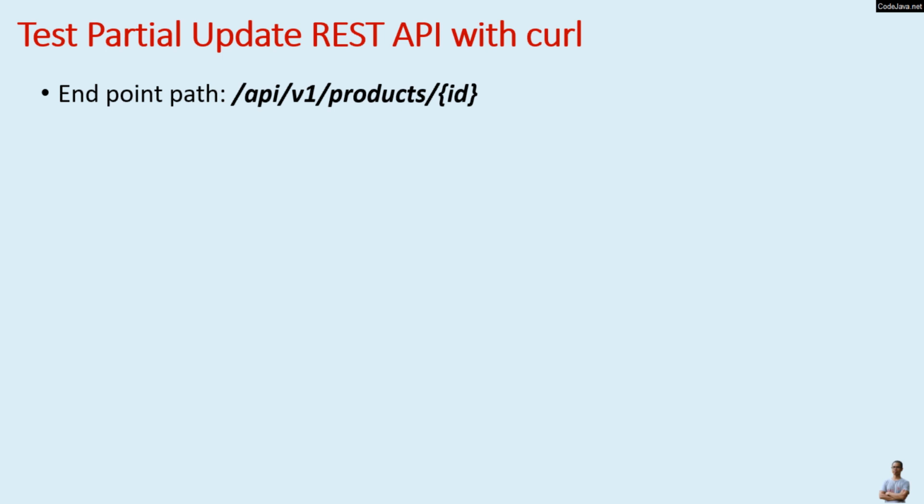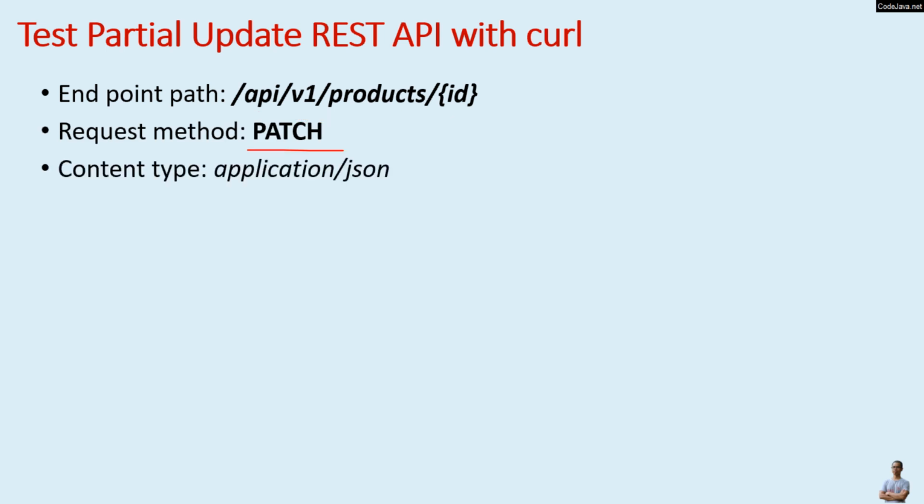Next, I'm going to test partial update REST API using curl command. So the API endpoint path is like this, and the request method for partial update is PATCH, and the content type is application/json, and request body is the JSON document.